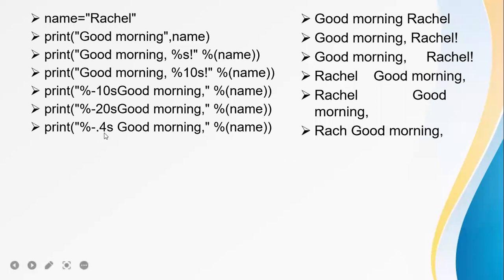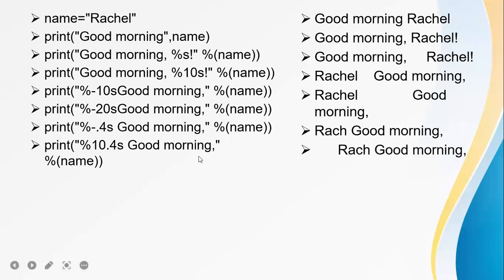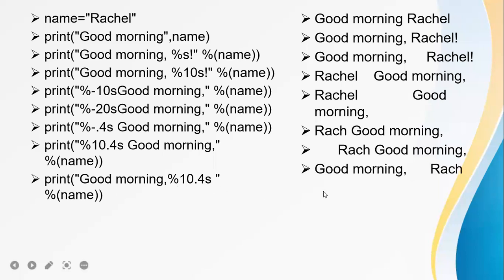So when I use this point 4, only 4 characters instead of Rachel, only Rach is used. When I use 10.4s, Rach with the 10 space. Good morning, Rach, that is 4 characters before 10 spaces.